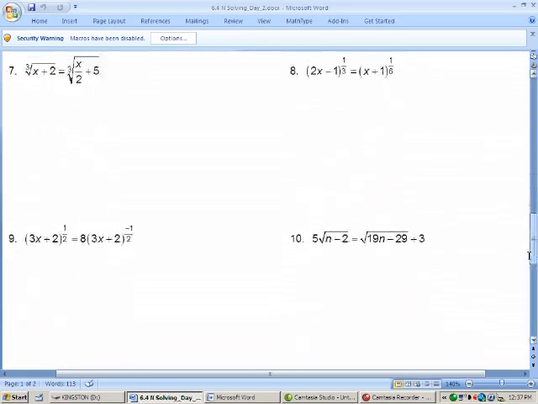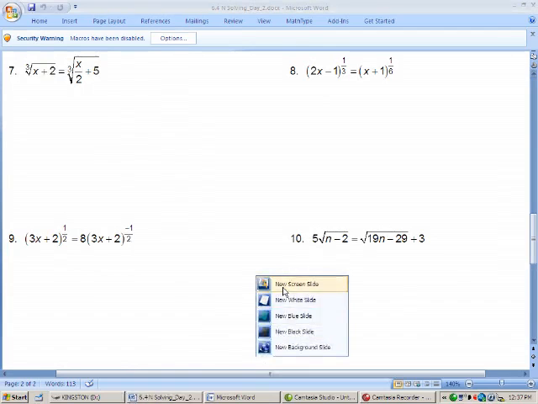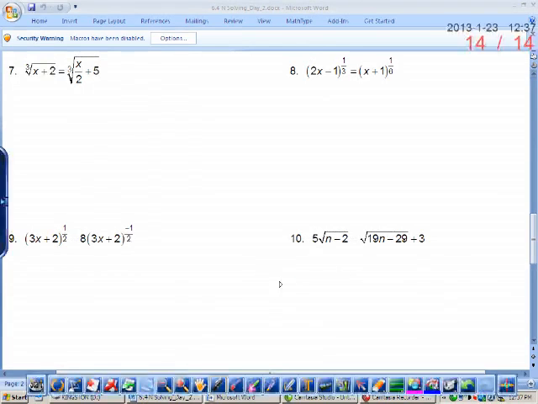Please copy down number 8. 2x minus 1 to the 1/3 power equals x plus 1 to the 1/6 power. I would recommend not turning these into radicals.